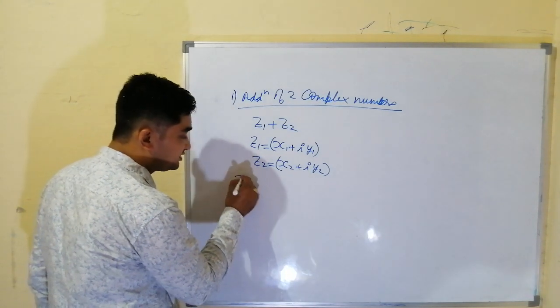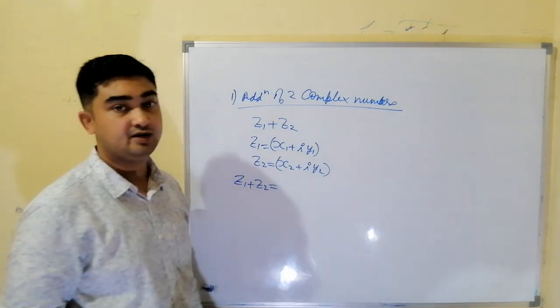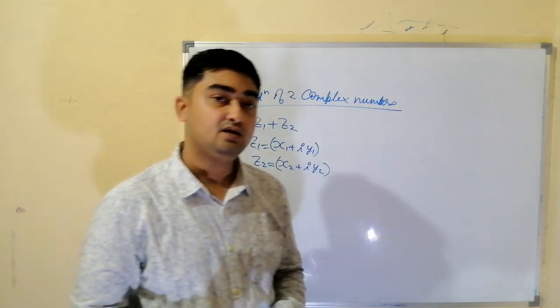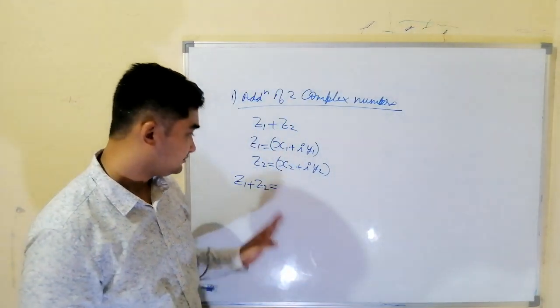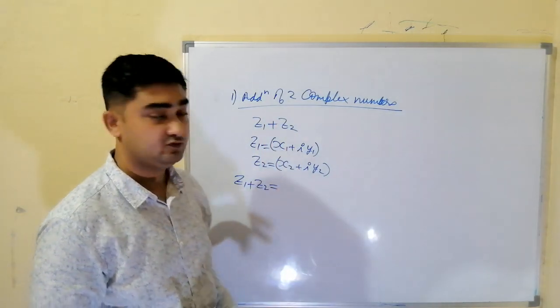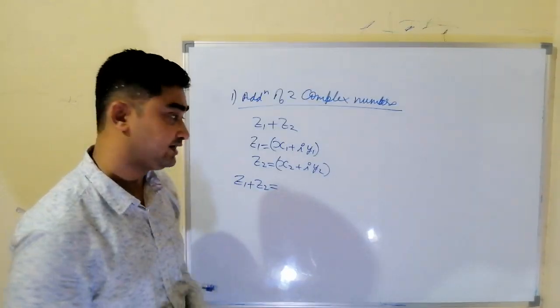Algebraically, how to do this? Z1 plus Z2. Whenever we have to add two complex numbers, we will add the real part of the first with the real part of the second, plus the imaginary part of the first added to the imaginary part of the second.